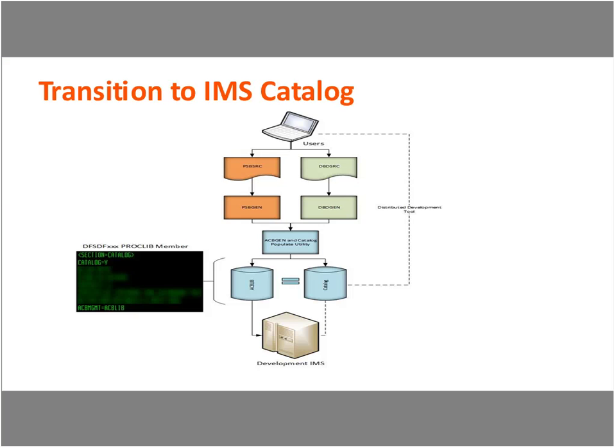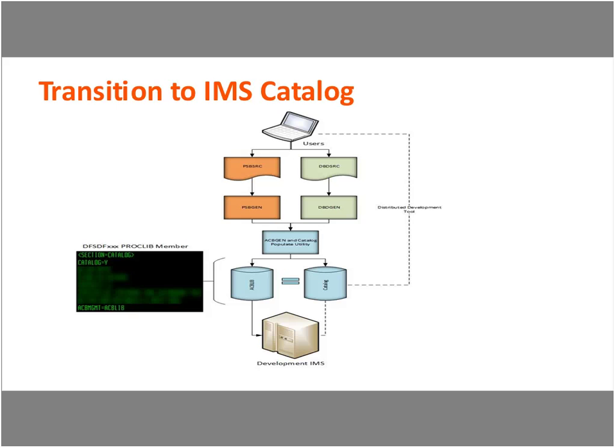So what I want to do in this next part of the session is go over a customer use case. In this particular situation, the customer is going to be doing a transition to the IMS catalog. And typically when customers transition to the IMS catalog, they are going to set the DFSDFxxx PROCLIB member to initiate the catalog usage, and they want to use ACB management of the ACB lib.